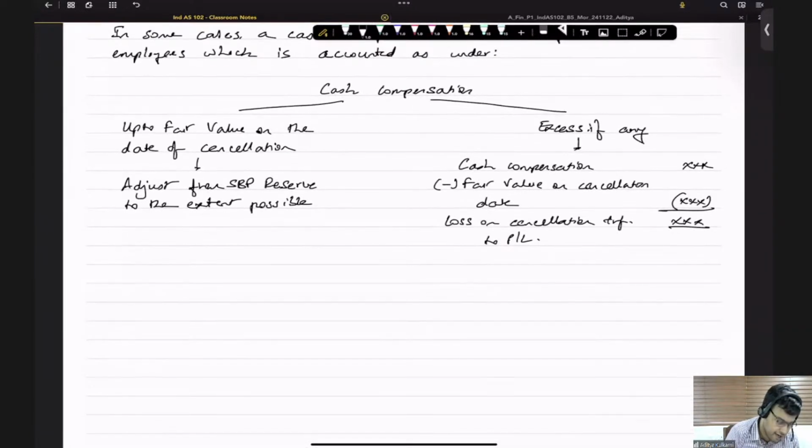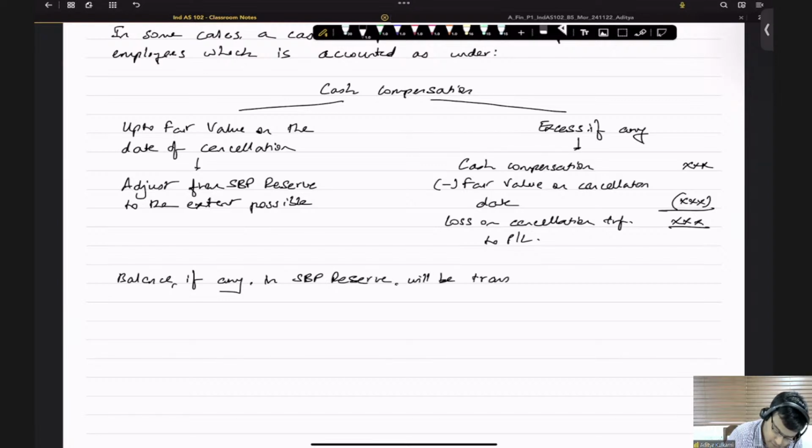Okay. And finally, balance, if any, in SBP reserve will be transferred to retained earnings.